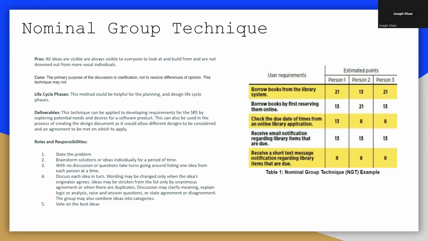And then the last step is to vote on the best ideas afterwards. So it's just another form of brainstorming that allows you to be stricter and hopefully have better habits to conduct the meeting.